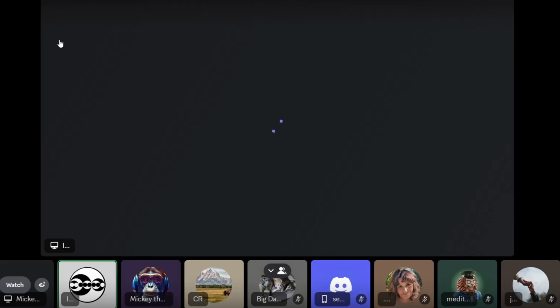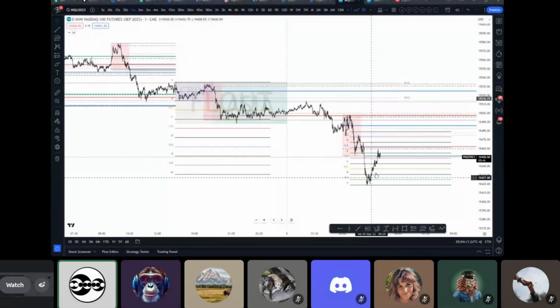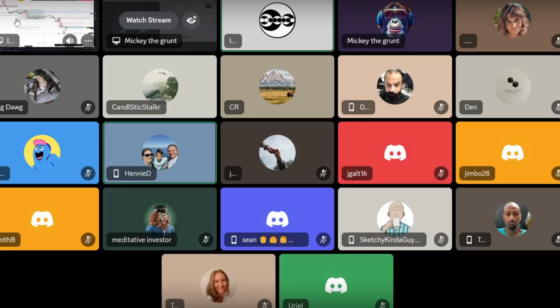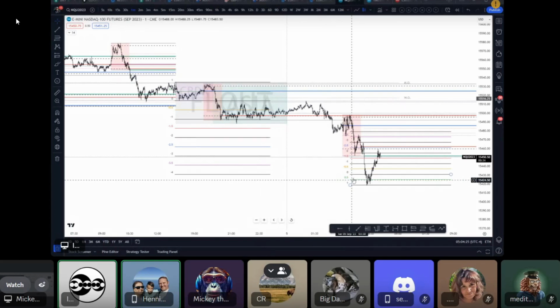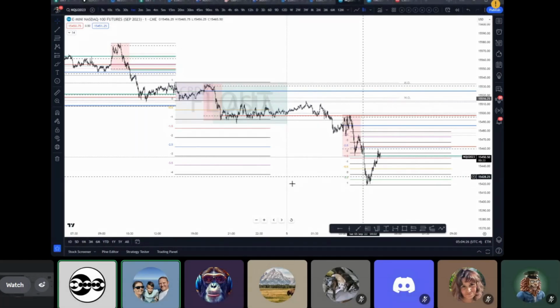So this W pattern that you would see, I think I'm on a 1-minute candle, but the W pattern that you see extending past the 4 standards, that's a really good sign for you to anticipate a low and or reversal back into the range.